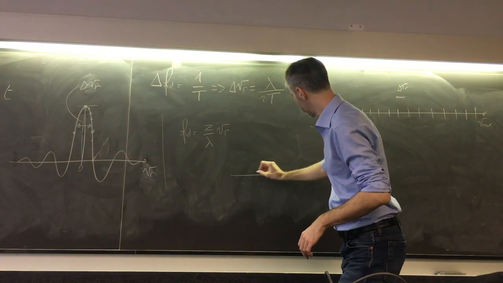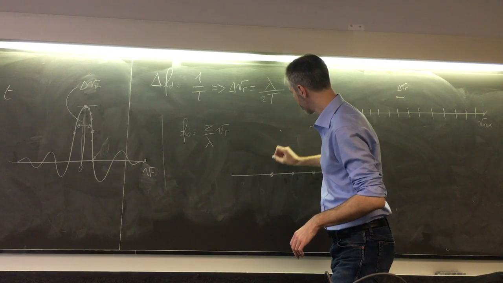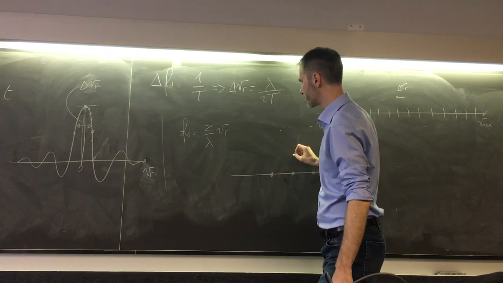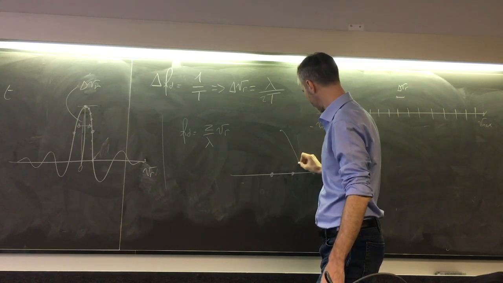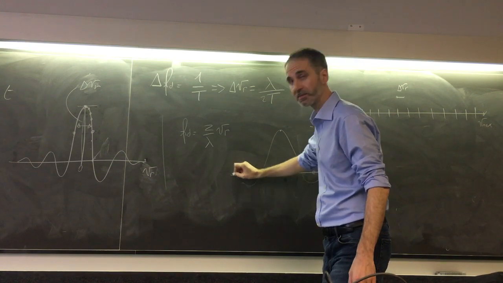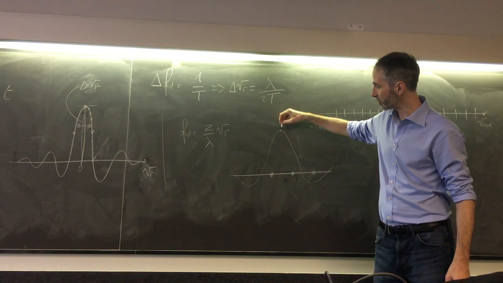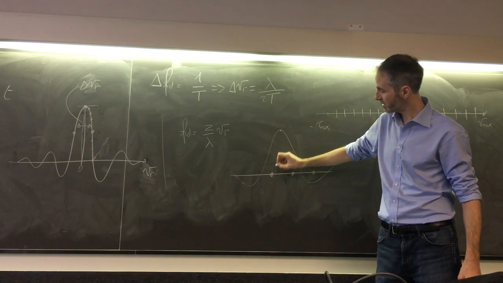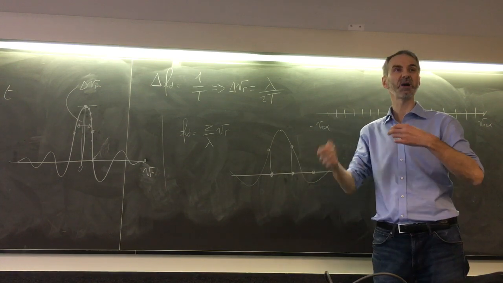So it could as well be like this with the peak here. It could as well be done like this. And so in this case, you are not sampling the signal in the peak, but you are just sampling here. And so you are losing intensity.